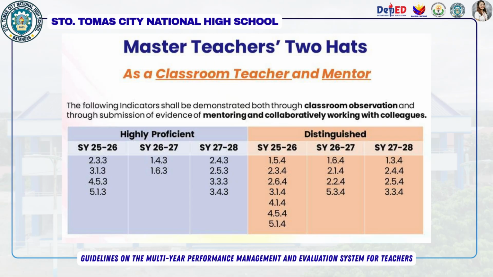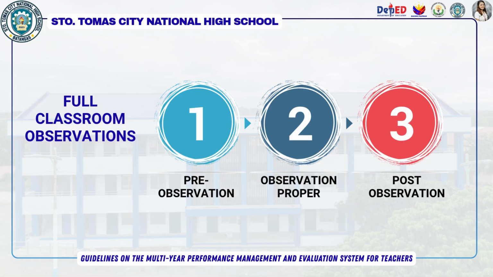And the full period classroom observation, the one that is formally rated, is a standardized 3-stage process. Think of it as a play with 3 acts: pre-observation, observation proper or the actual observation, and post-observation.